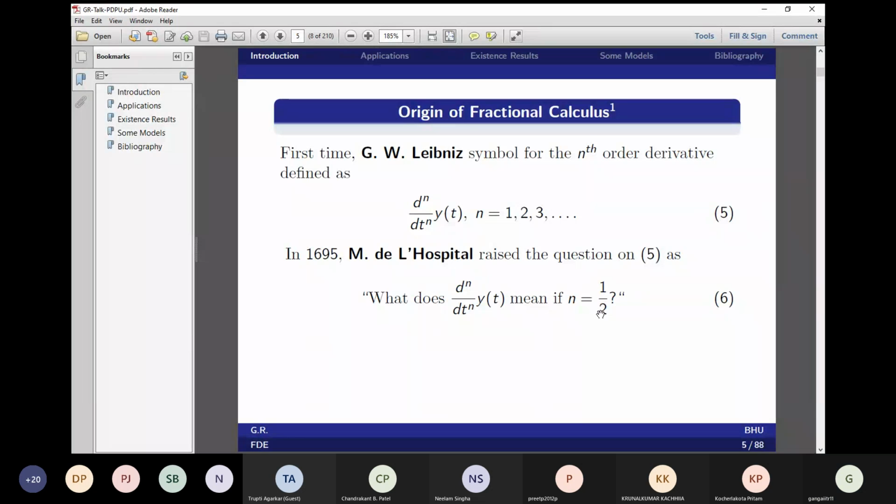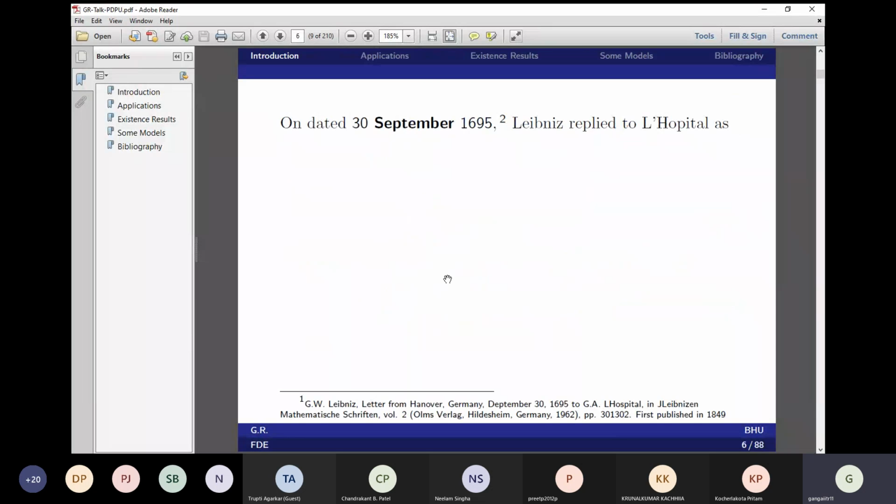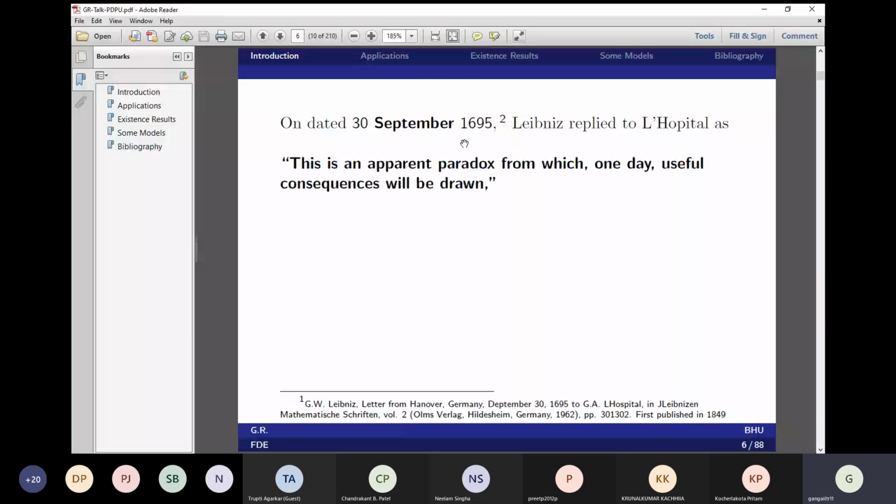After that, on 30 December 1695, Leibniz replied to L'Hospital: this is an apparent paradox from which one day useful consequences will be drawn.